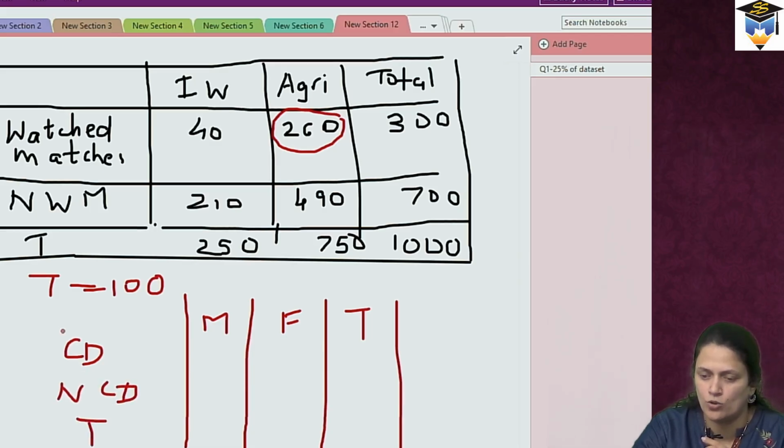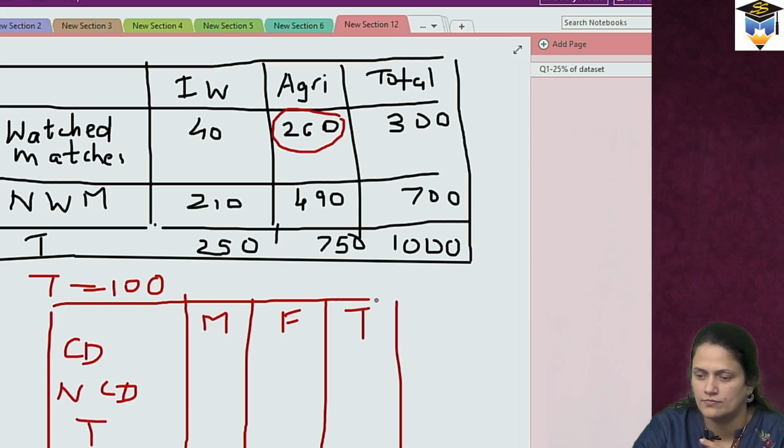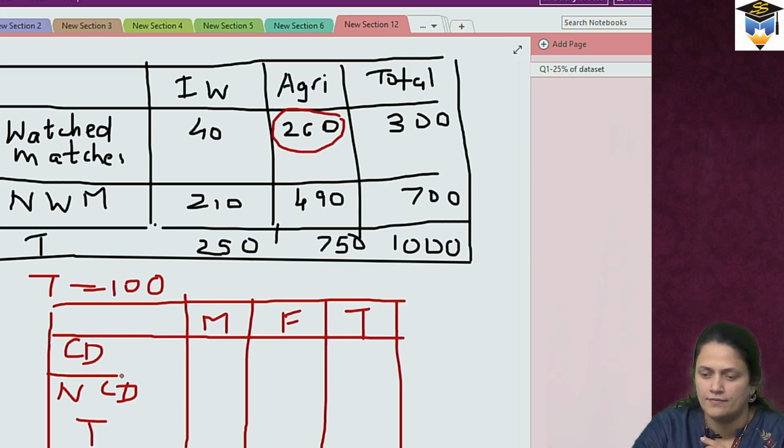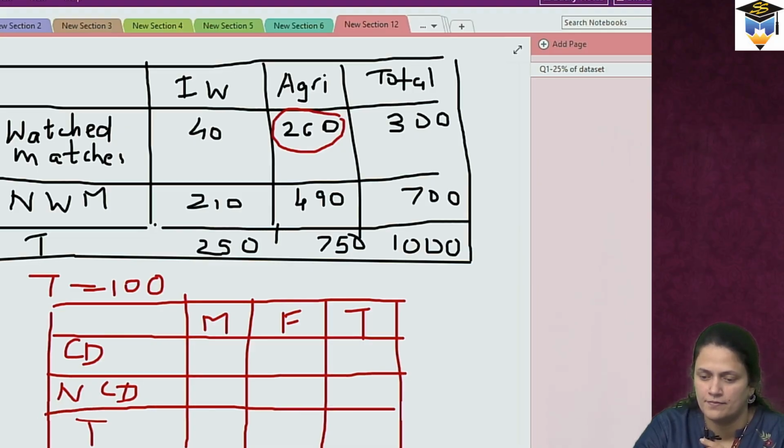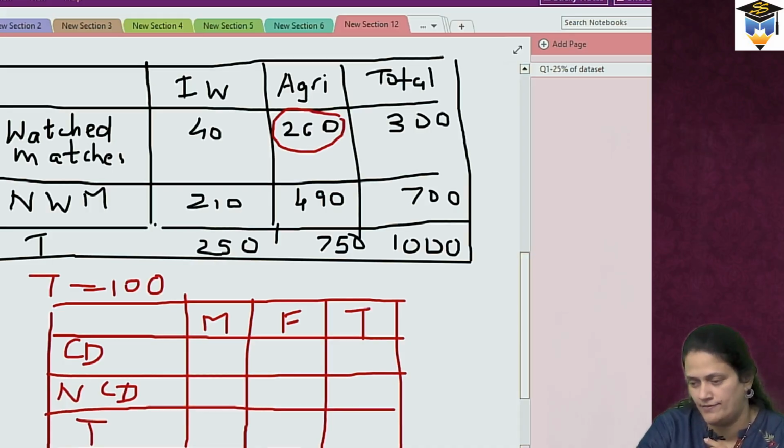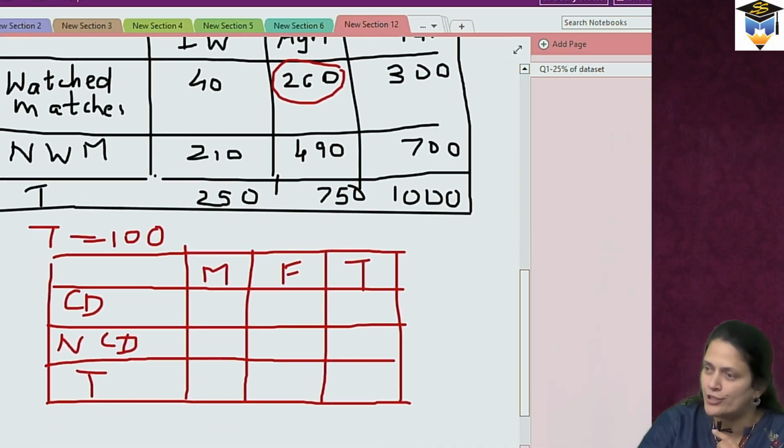These are the rows. So you should be able to draw the table and make the correct rows and columns here.